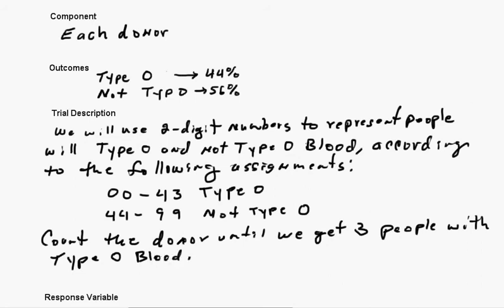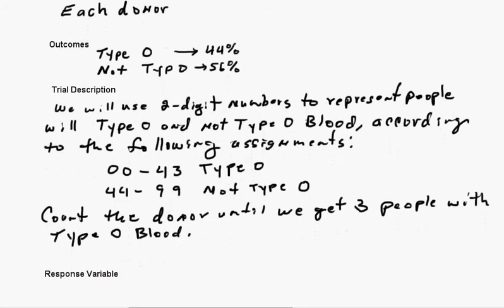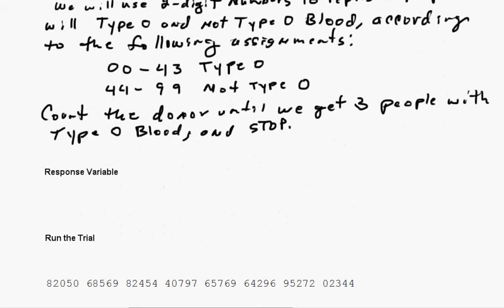Each person is mutually exclusive from the other, so we don't have to worry about repeating numbers, and we don't have to ignore any numbers. We count them until we get 3 and stop at that point.